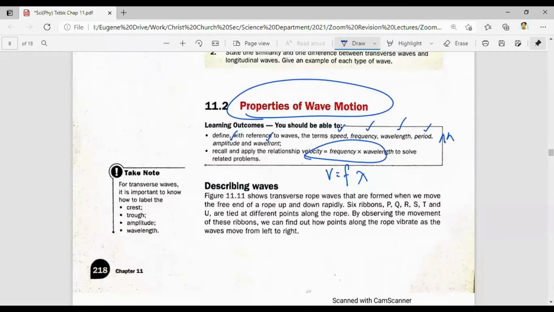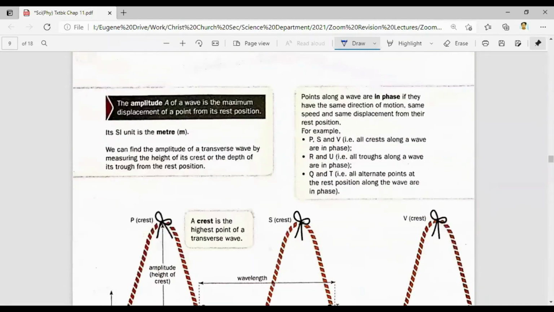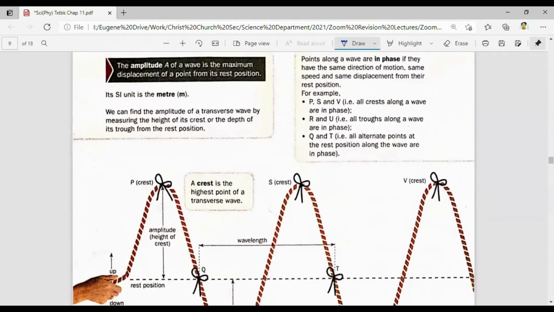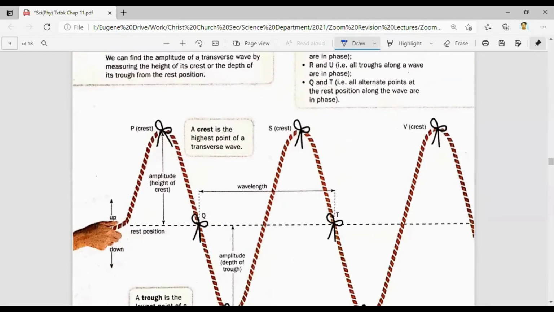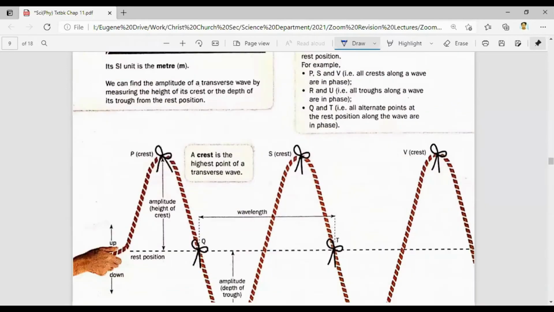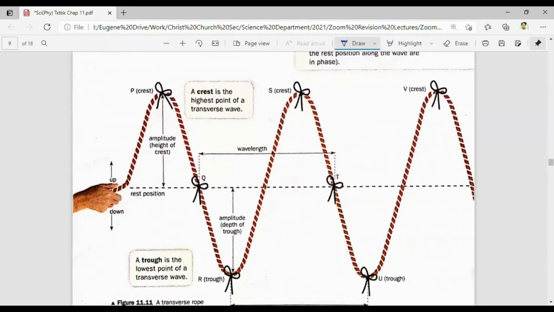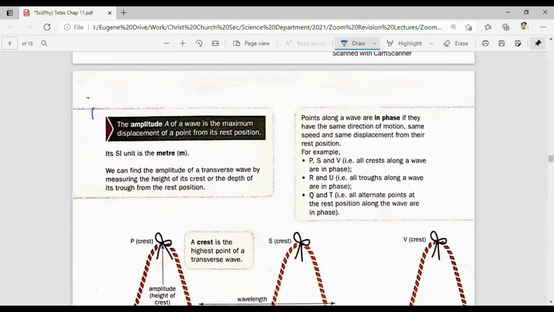Okay, so let's jump into the segment itself now. So, describing a wave. So look at this whole rope here. Okay, I'll go through term by term now. First one, in this whole rope thingy, the first thing that's being highlighted is the amplitude. So the amplitude of a wave is the maximum displacement. So the maximum displacement means the maximum change in position.